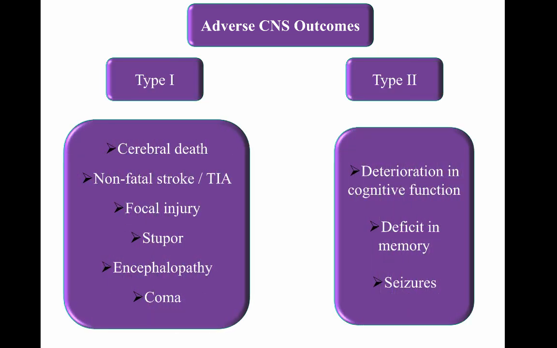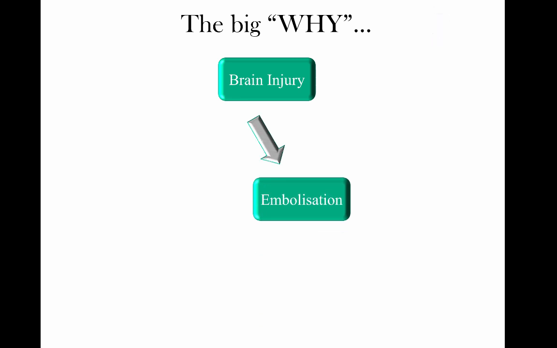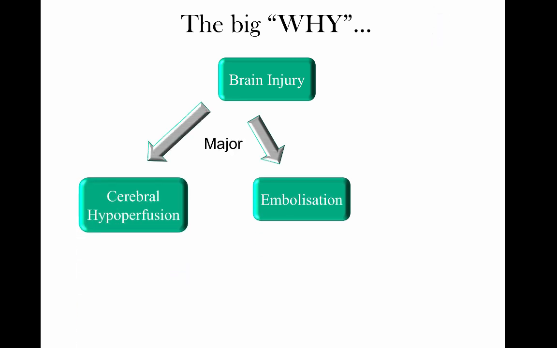There are basically 2 types of adverse CNS outcomes. Type 1: cerebral death, non-fatal stroke, and TIAs, focal injury, stupor, encephalopathy, and coma. Type 2 is deterioration in cognitive function, deficits in memory, and then seizures. And so there is the question of how is this happening?